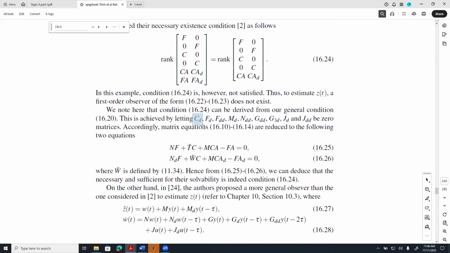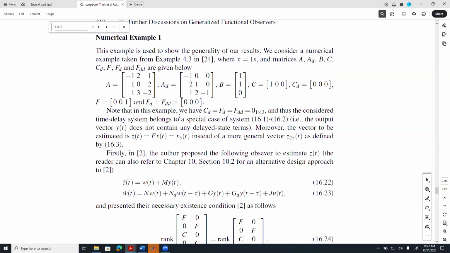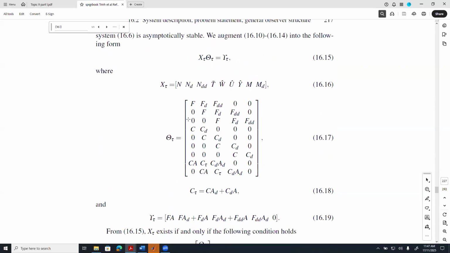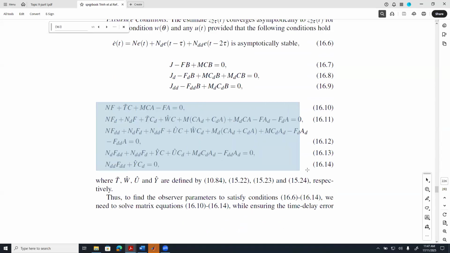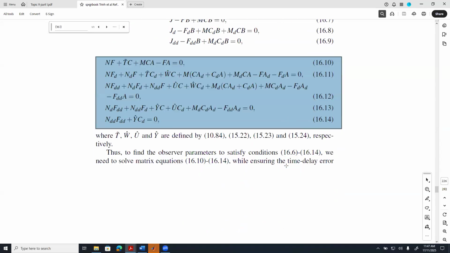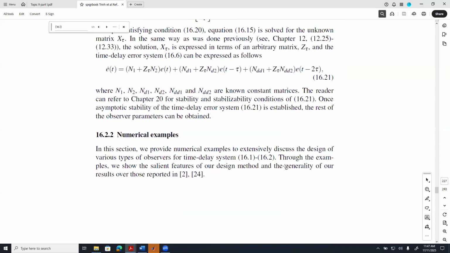So in other words, we don't have state delay in the output measurement. We don't estimate the generalized functional. We don't add extra terms in the observer structure and things like that. So if they are zero, our existence conditions according to the Phi matrix equations, which are given here, boil down to two coupled matrix equations.